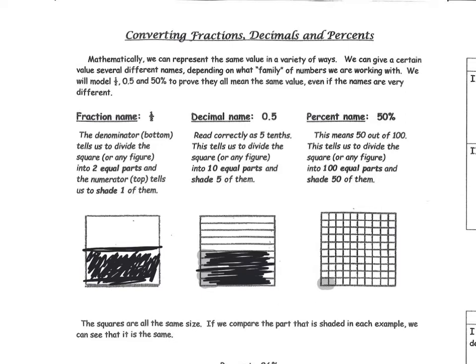This would be a row of 10, 20, 30, 40, 50. So I'm going to shade first, second, third, fourth, and fifth row. So I'm shading 50 little squares, but if I compare them, I can see that we've shaded the same amount. So again, even though these look very different, when we compare them, they're the same value.